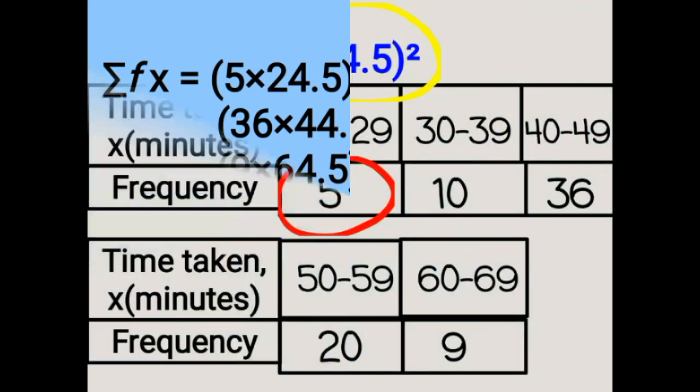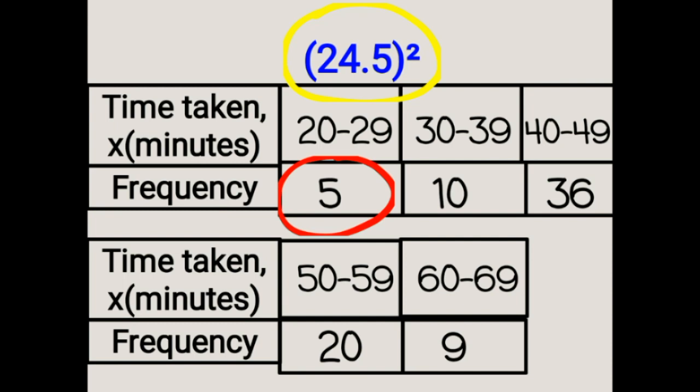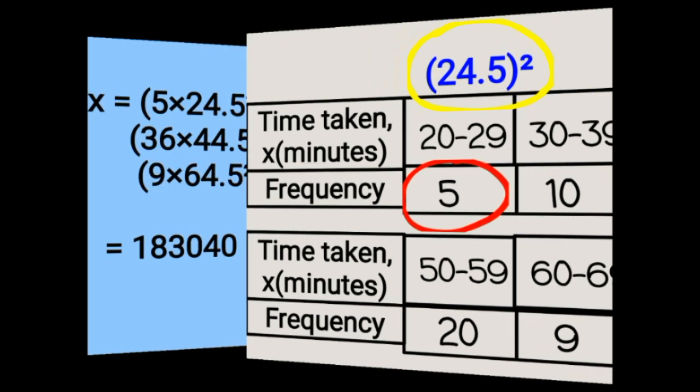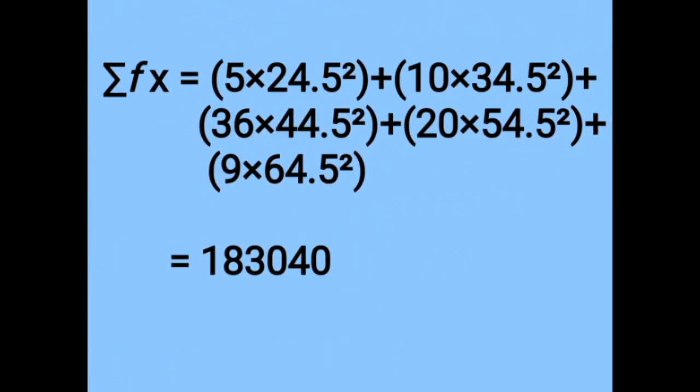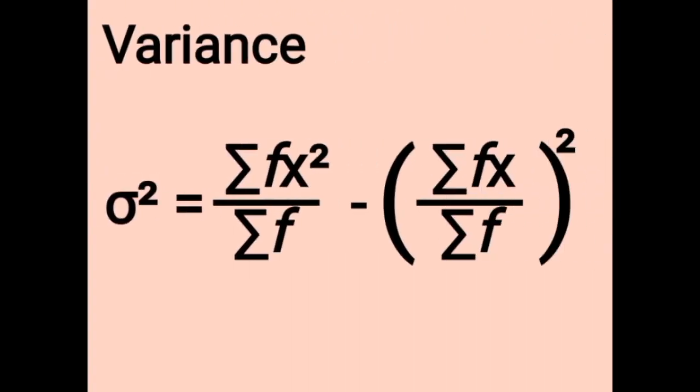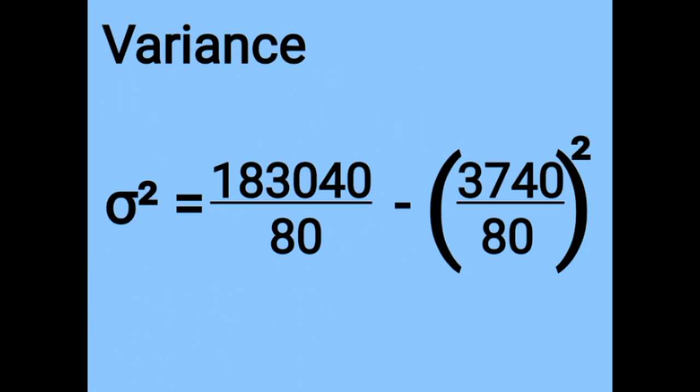Now let's find the total of the products of each frequency times the square of the midpoints of each class interval. Then the total is 183,040. If we were to give units here, it's minutes squared, but that wouldn't make much sense, so I won't give units here. So using this formula, we can estimate the variance. Then it's 183,040 over 80 minus 3,740 over 80 squared equals 102.